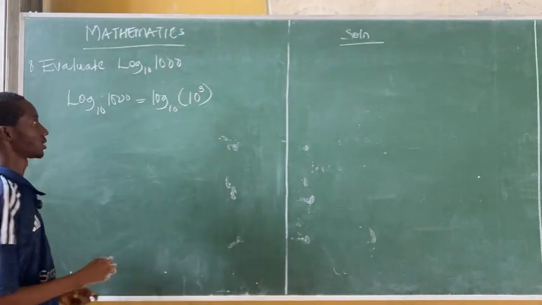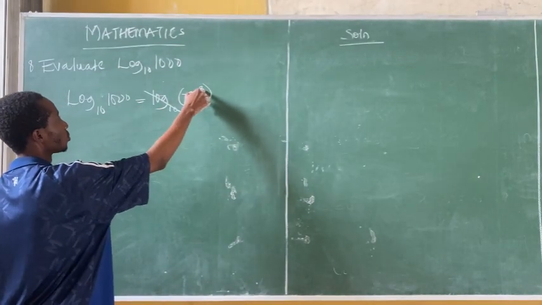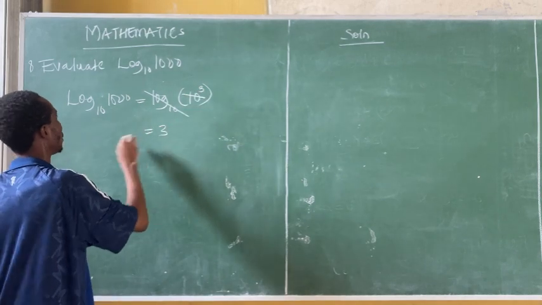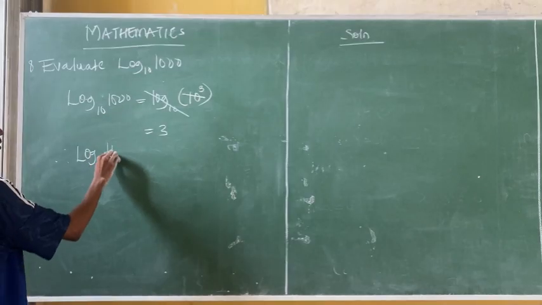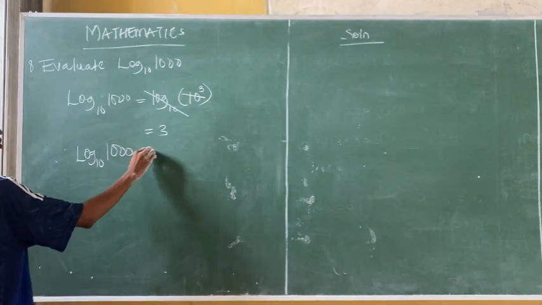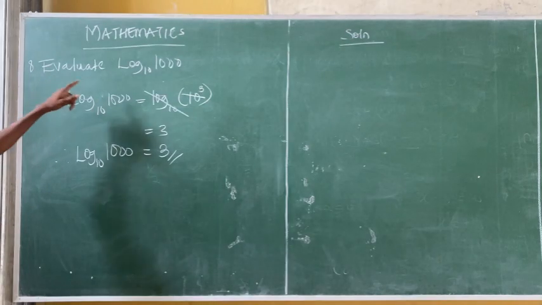Log 10 base 10 cancels this. We are left with 3. Therefore, log 1000 base 10 is equal to 3. This is the correct answer when they say evaluate this.